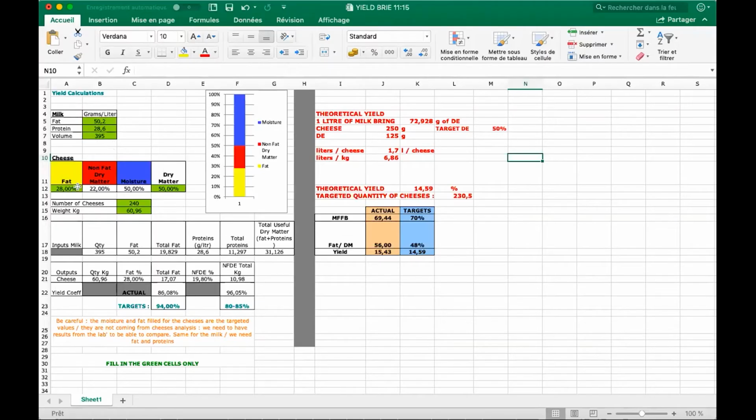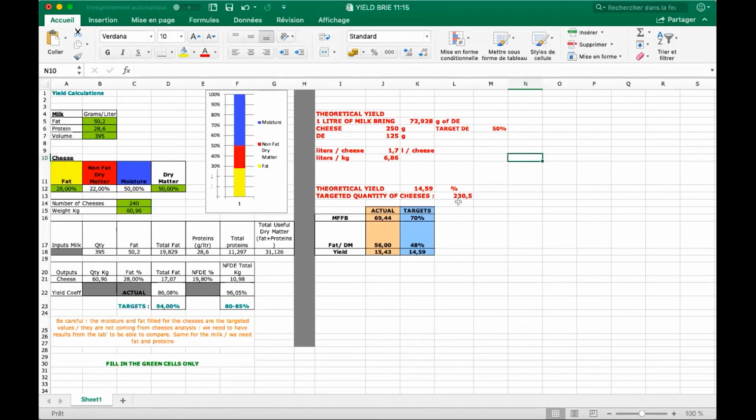And then we need to fill in the fat level in the cheese at unmolding, the dry matter, 50%, the number of cheeses, and the weight in kilos of cheese at unmolding before salting. Then we click on the button, and this tells us the yield that we should make and the quantity of cheese that we should make according to the type of cheese with the targeted dry matter or dry extract.